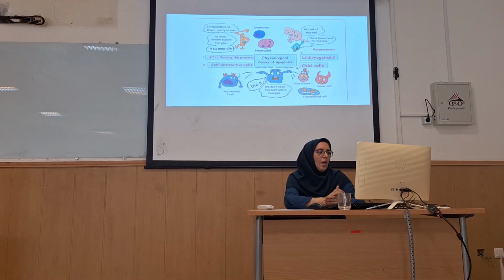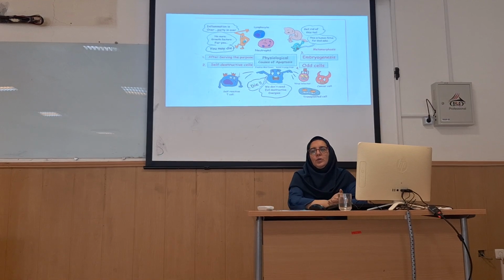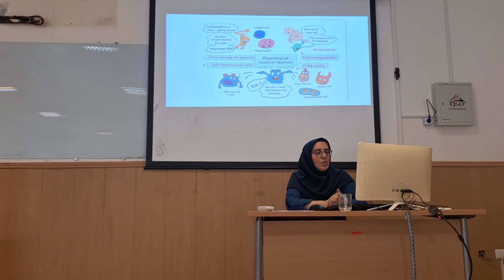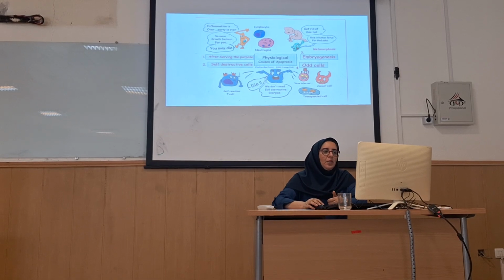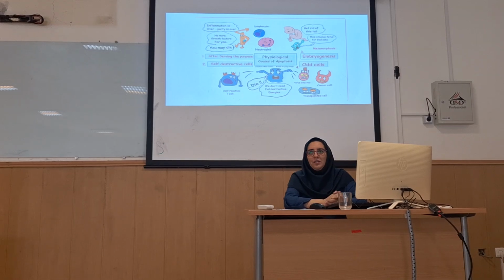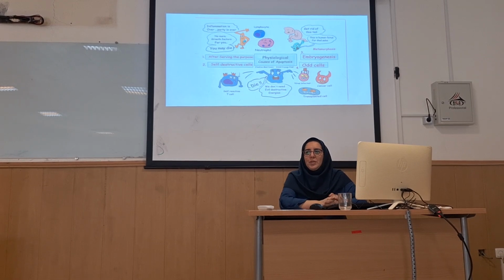Okay. This figure shows some examples of physiologic apoptosis. For example, in embryogenesis. If apoptosis did not occur in embryogenesis, all of you might have a tail and other abnormal organs.